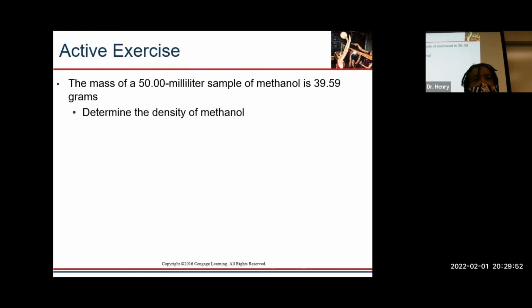The mass of a 50.00 milliliter sample of methanol is 39.59 grams. Determine the density of methanol. Okay, so what are we going to do?